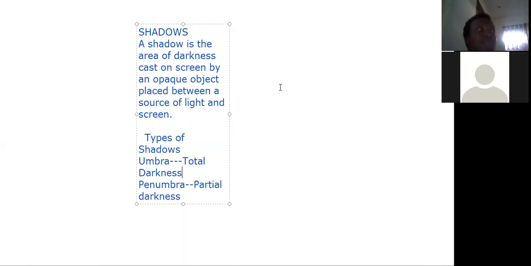An umbra is formed from a point source, maybe a normal bulb, like at night. You get it? One is from an extended source of light, one from a point source of light. I wish I could demonstrate it with a diagram, but it's okay. So this one is from a point source of light.